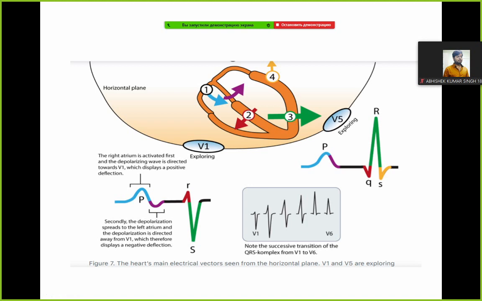The third vector is the ventricular free wall. The vectors resulting from activation of the ventricular free walls are directed to the left and downwards. The vector resulting from activation of the right ventricle does not come to expression because it is drowned by the many times larger vector generated by the left ventricle. Thus, the vector during activation of the ventricular free walls is actually the vector generated by the left ventricle.